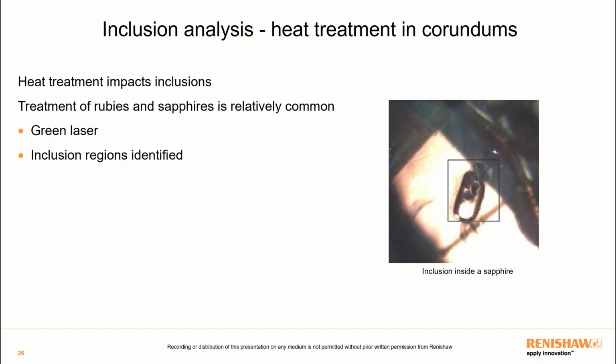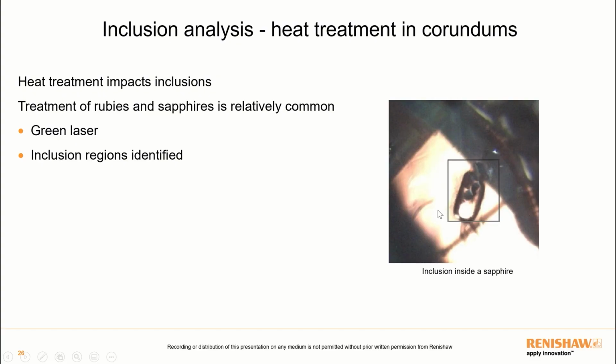In this study, we examined a zircon inclusion inside the sapphire. After the treatment, the inclusion is melted, altering its crystallinity and leaving a gas bubble in the middle. The bubble is also visible in the optical image at the microscope.